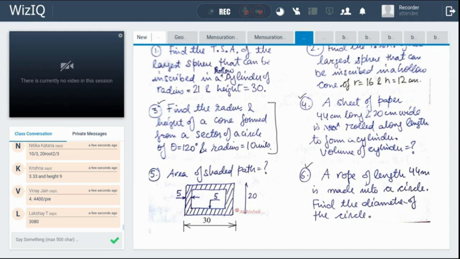Fourth is 3080. Yes. Lakshya's got it right.